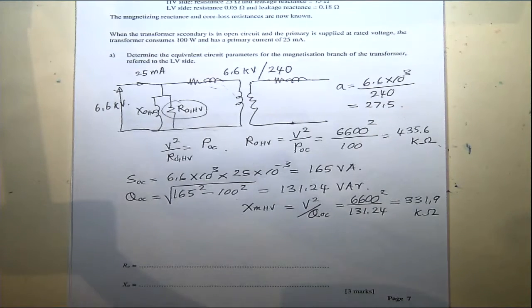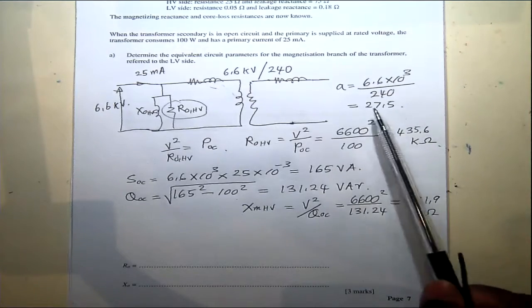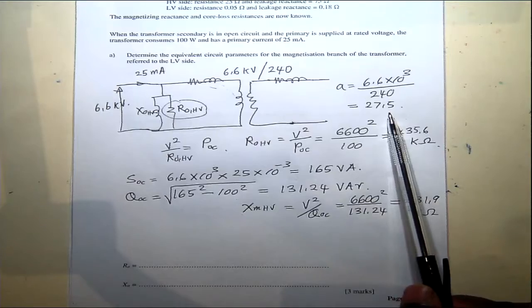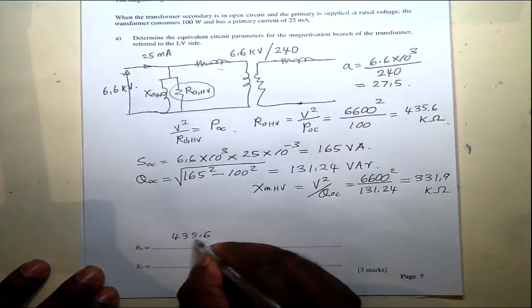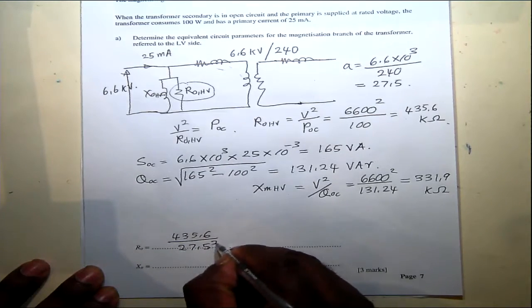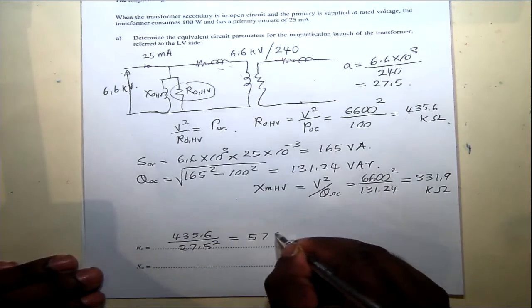On the high voltage side, as I mentioned, we have high impedances. The low voltage side, you have lower impedances and higher currents. So these impedances have to drop when you move to the low voltage side. Effectively you need to divide it by this value squared. So here it will be 435.6 over 27.5 squared, which gives you 576 ohm.